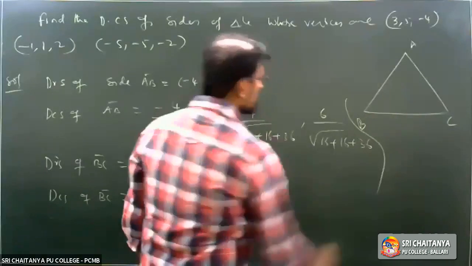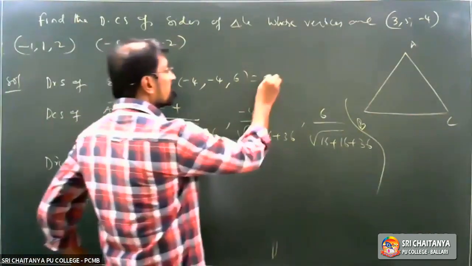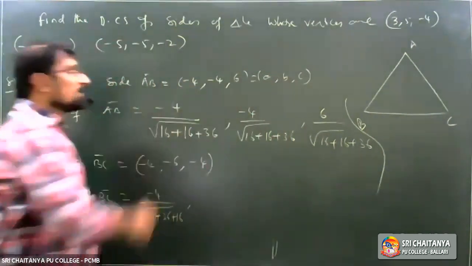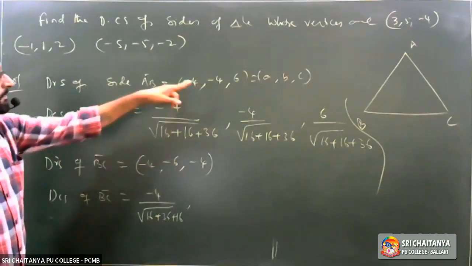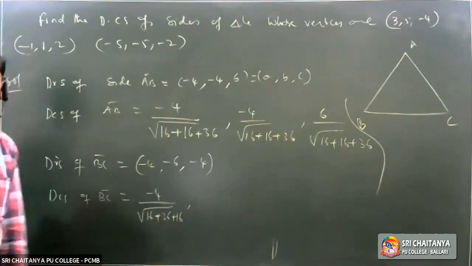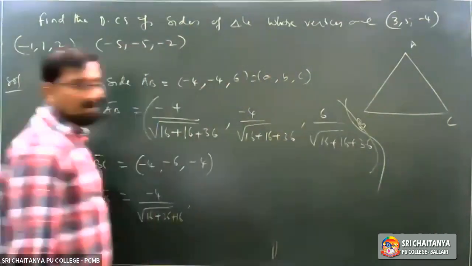I am going to repeat this formula. This is called a, b, c. a by root of a square plus b square plus c square, b by root of a square plus b square plus c square, c by root of a square plus b square plus c square. These are called DCs of AB bar.